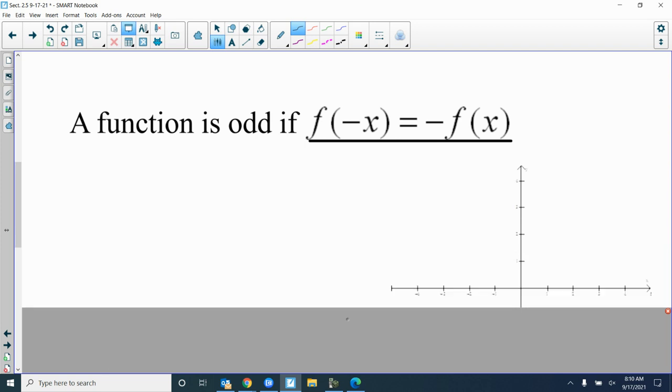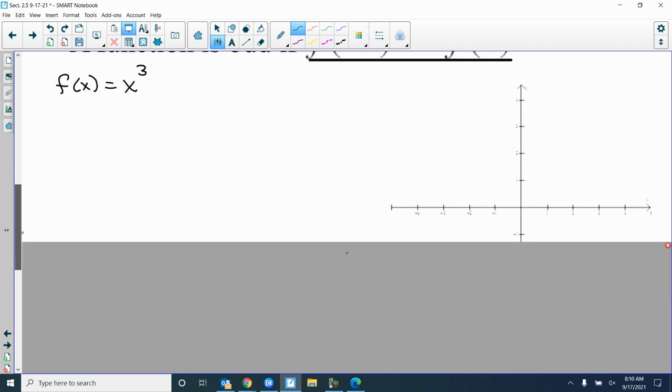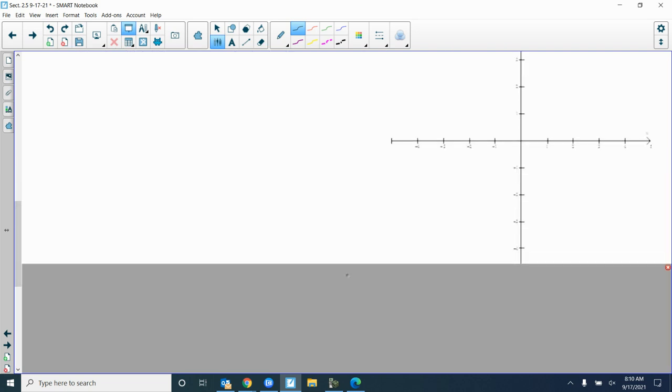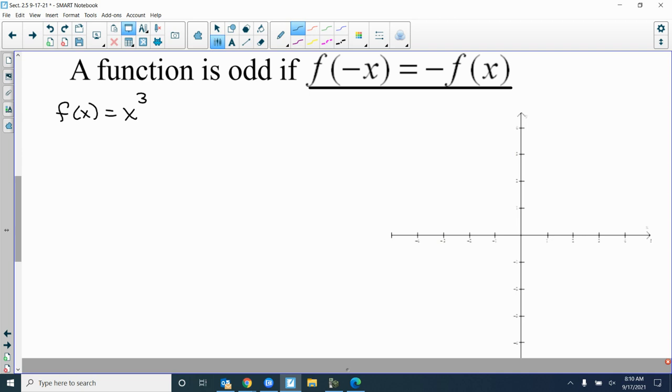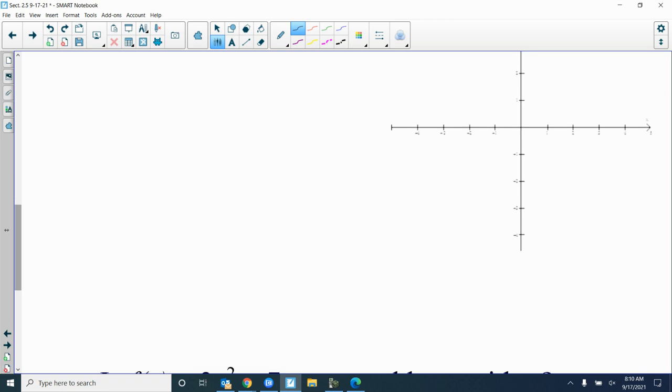Go ahead over there and graph f of x equals x to the third power. That is an odd function. If you graph that and just plug in points, if I plug in -2, I'm going to get -8, which is going to be a little bit off my screen, but at least I know where I'm coming from.